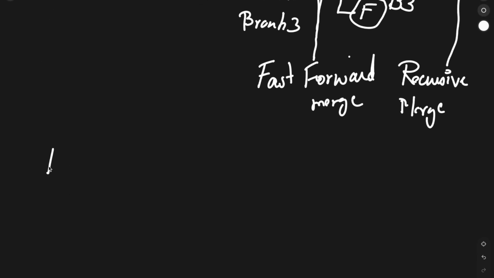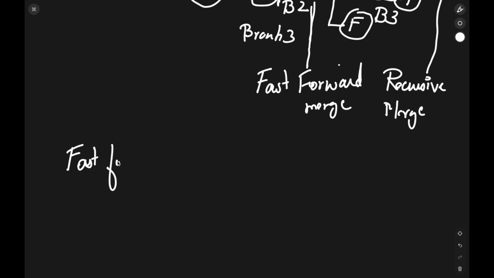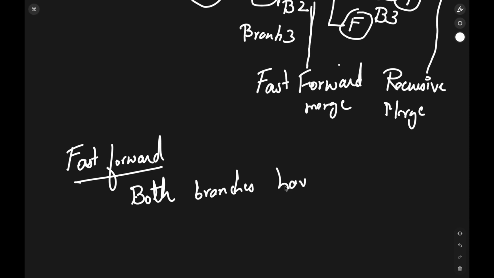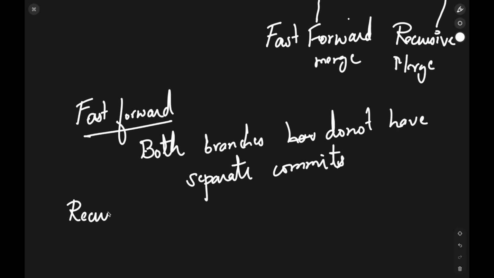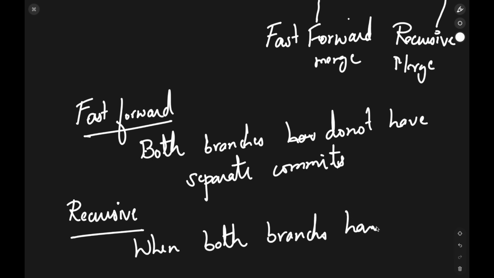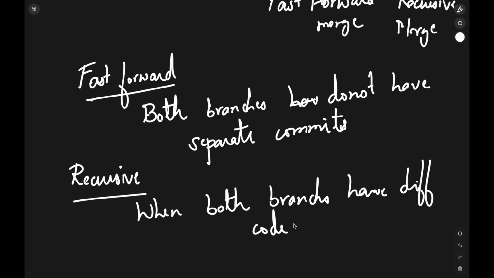So a fast forward merge is a merge when both branches do not have separate commits, whereas a recursive merge is a merge when both branches have different commits or developments in the project.